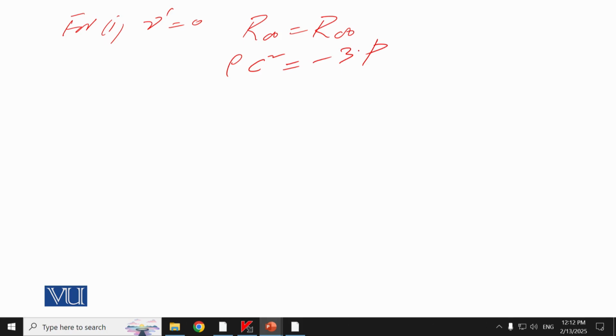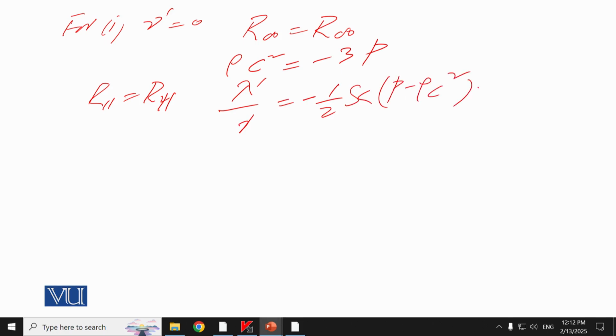Okay. Now we compare R11 from the two expressions, and we have found this expression: lambda prime over r is equal to 1 by 2 kappa (p minus rho c square) e raised to power lambda, which is equal to kappa p e raised to power lambda.